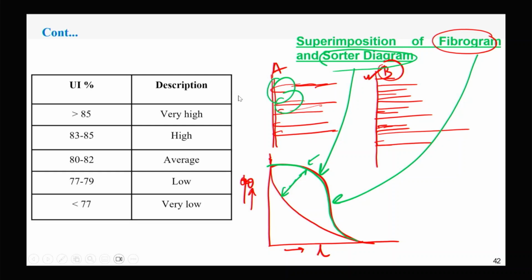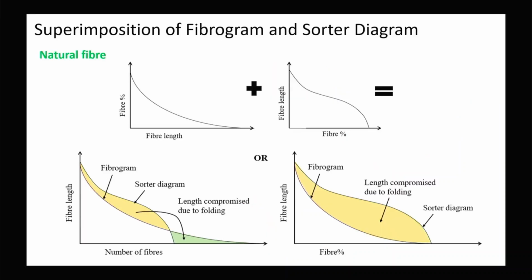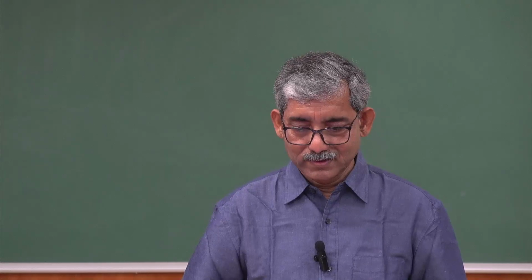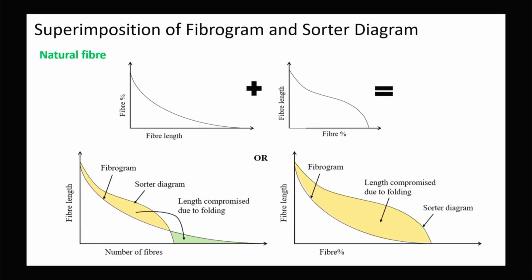By different analysis, different standard parameters like uniformity ratio, uniformity index, which we have already discussed, mean length, upper half mean length, span length, we can express the parameters, and which is shown in this diagram. So this one is the shorter diagram, and this is the fibrogram.